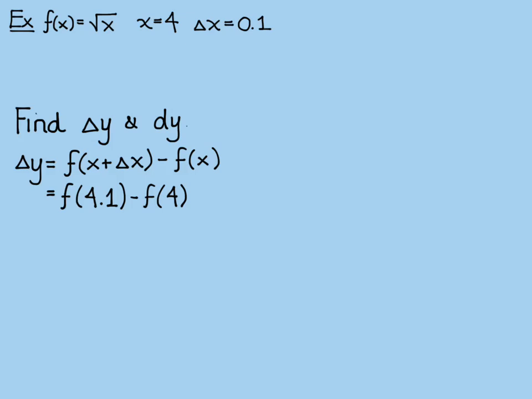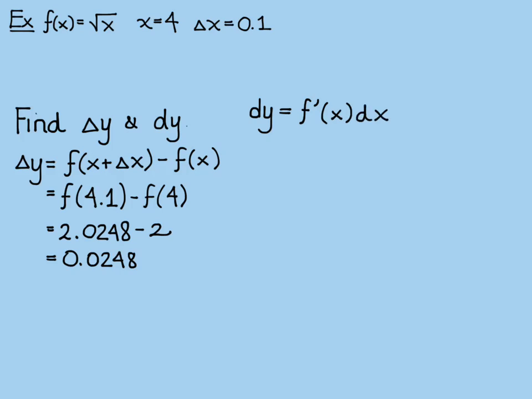And if we evaluate f of x, that'll be f of 4. By using my calculator, I found that f of 4.1 was 2.0248, and f of 4, we all know the square root of 4 is 2. So the difference between these two values is 0.0248. So this is the value of delta y.